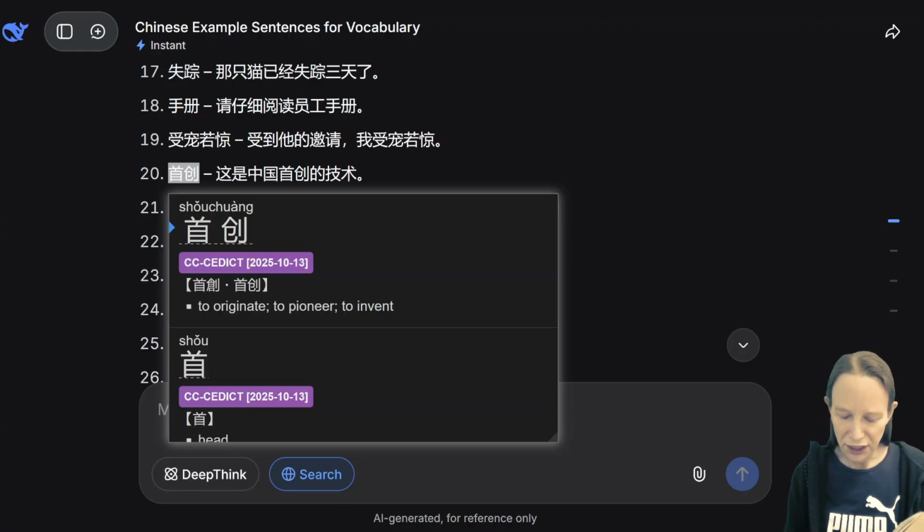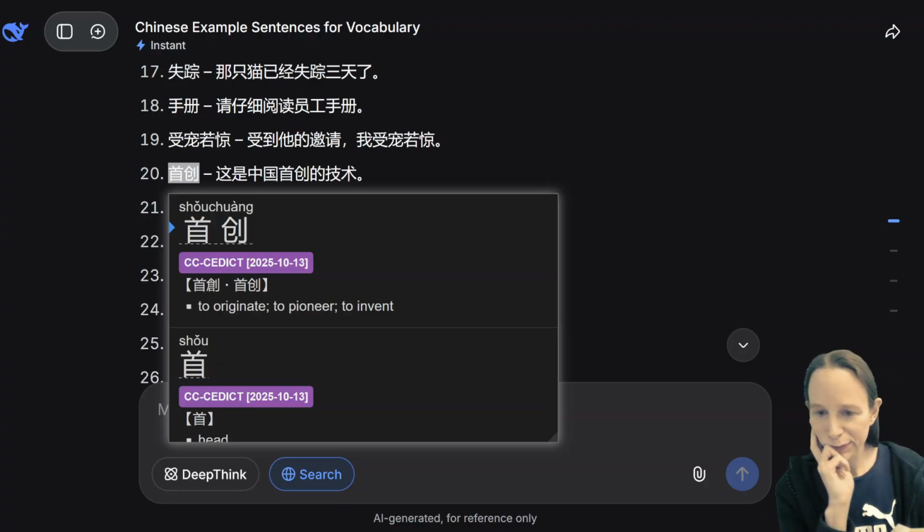Or 创始. 创始 is like found or something like this. So their example is 首创精神. That's usually functioning as an attributive, isn't it?